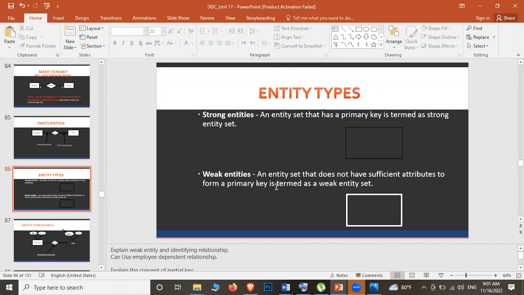Do you understand? A weak entity doesn't have any attribute to mention as a primary key. We call such entities weak entities.